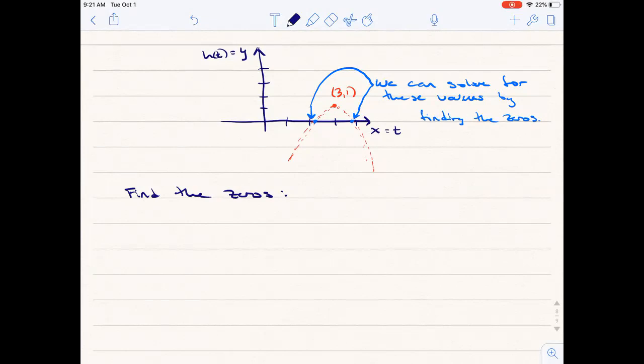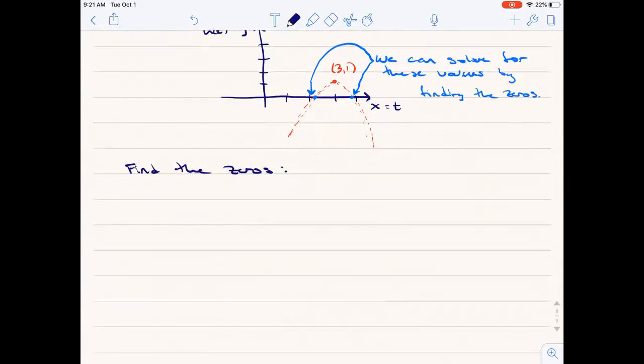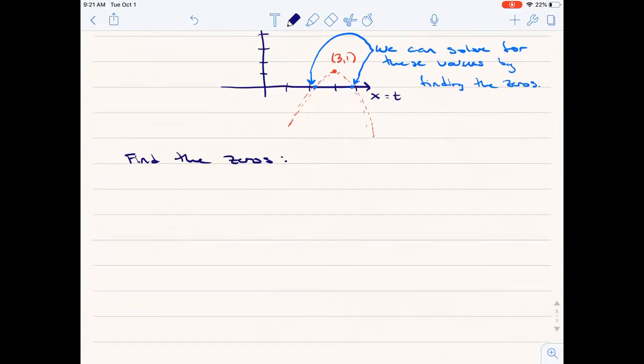But I don't. So we have to find the zeros, and whenever I have a quadratic equation, I'm going to use the quadratic formula.